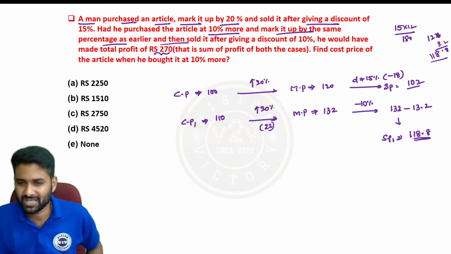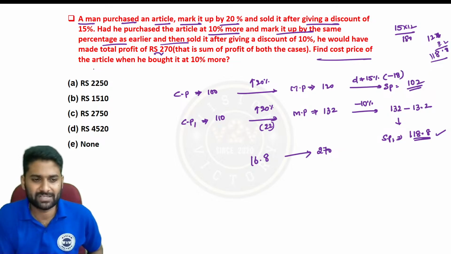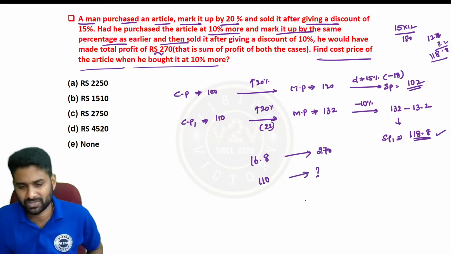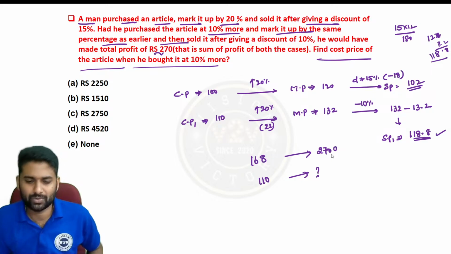Now definitely initially they get 102. Now they will get 118.8. So how much difference are we able to see? 16.8 units. If 16.8 units is equal to 270, then find the cost price of the article when he bought it at 10% more. Now 110 units is equal to how much? That's your calculation. Now 168 units is equal to 2700.